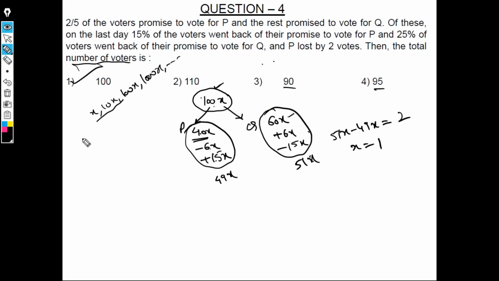So do not write statements the way we used to write in class 9, 10. That if you start writing, let's assume total number of voters are 100x, please don't do that. So straightaway focus on the set of values which are required and answer it. Is that clear, everyone?